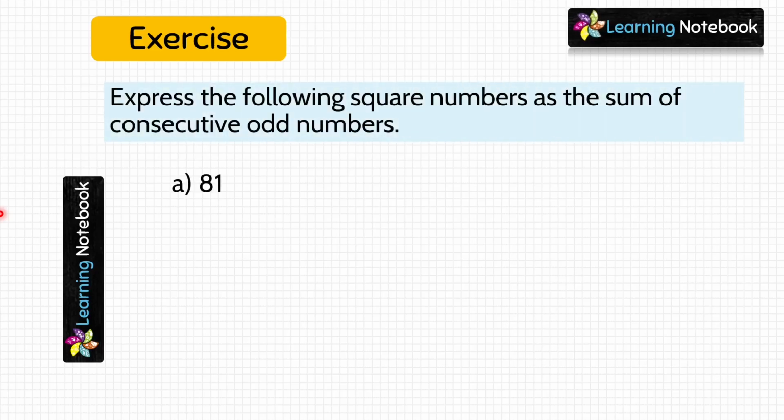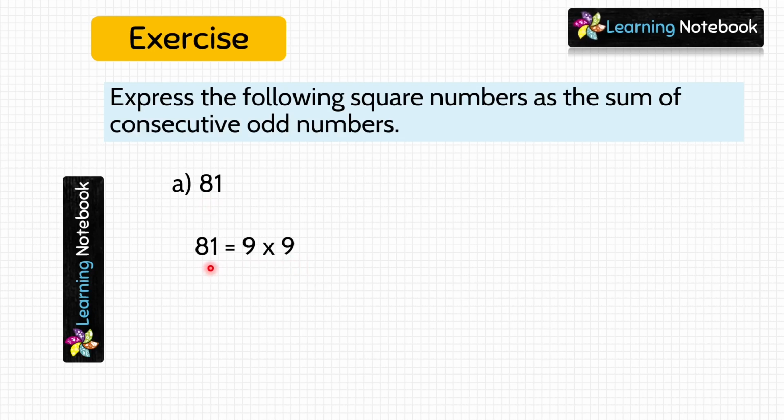Question 2 is, express the following square numbers as the sum of consecutive odd numbers. First is 81. We know 81 is the square of 9. That is, 81 equals 9 into 9.